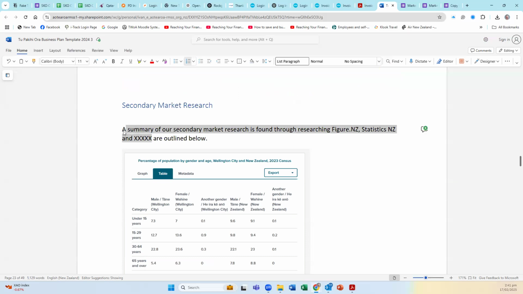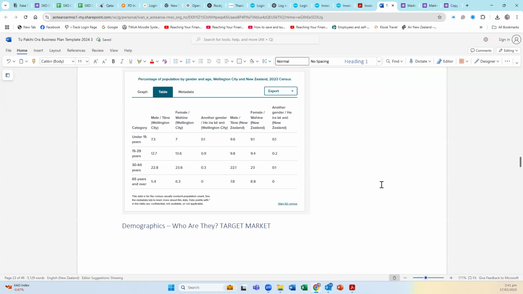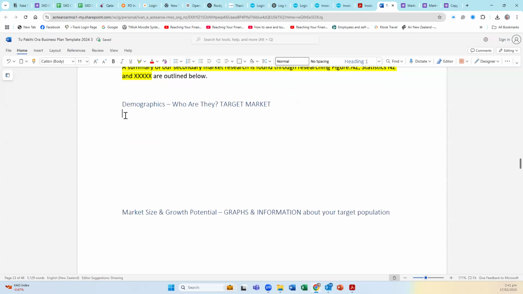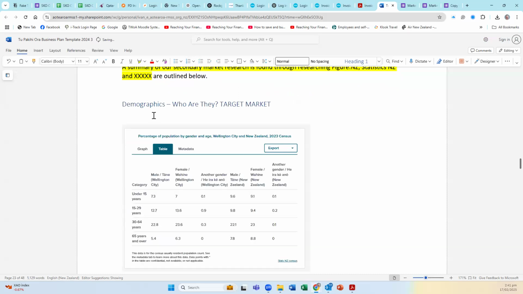Okay, so we've just got to highlight here how you're doing your research data. For example, actually, I would put that under here, Cat. I'm going to say, okay, so we have researched the demographic and population for our region. This is where we can start looking at the percentage.